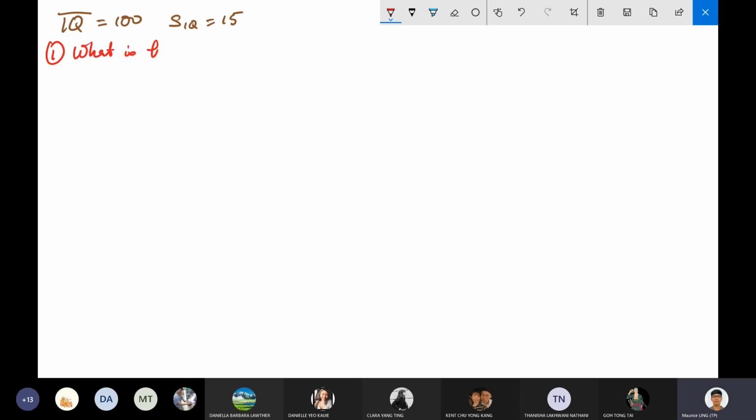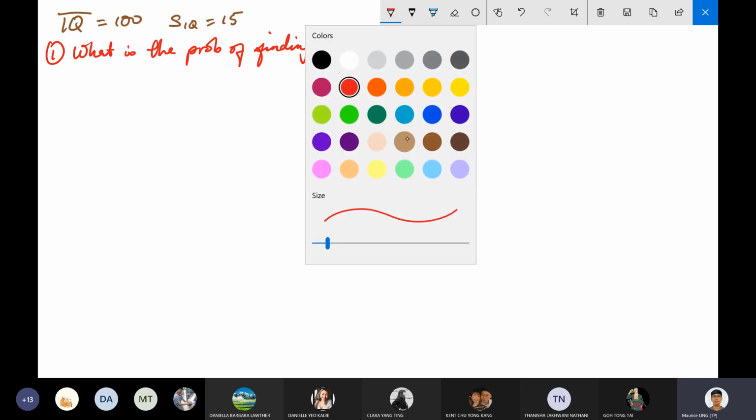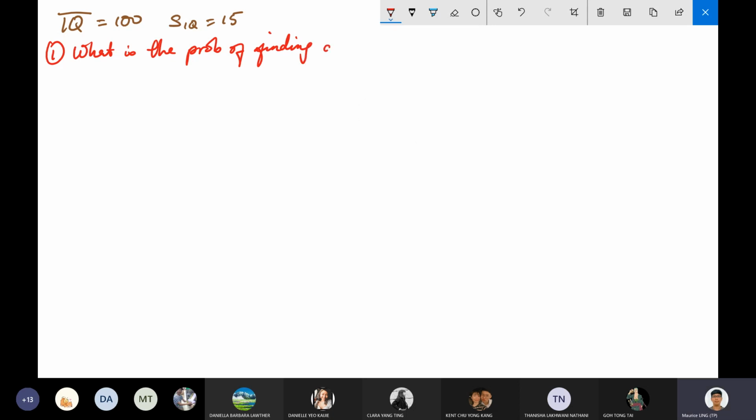What is the probability of finding a person with IQ above, let's say, 105? So how do you do that? Probability of finding a person with IQ above 105.